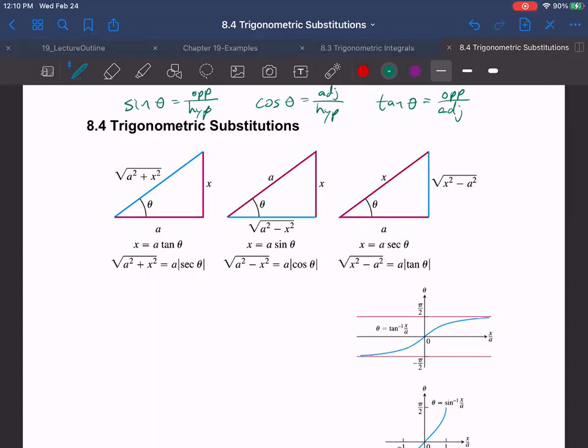Okay? And so if you look right below that, we have three different situations where we know 2 out of the 3 sides, and then we are labeling what the third blue side would be according to what we already had there of 3 right triangles. So these are all right triangles. Okay?